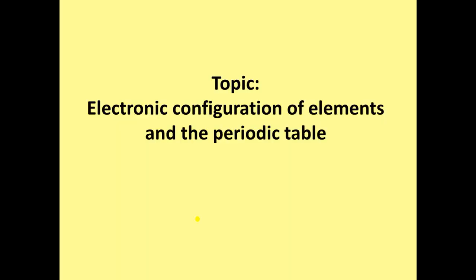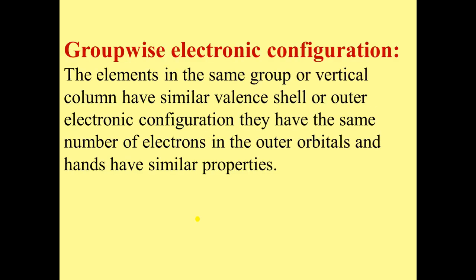Now next topic is electronic configuration of elements and the periodic table. So first we will study group-wise electronic configuration. The elements in the same group or vertical column have similar valence shell or outer electronic configuration. They have the same number of electrons in the outer orbitals and hence have similar properties.